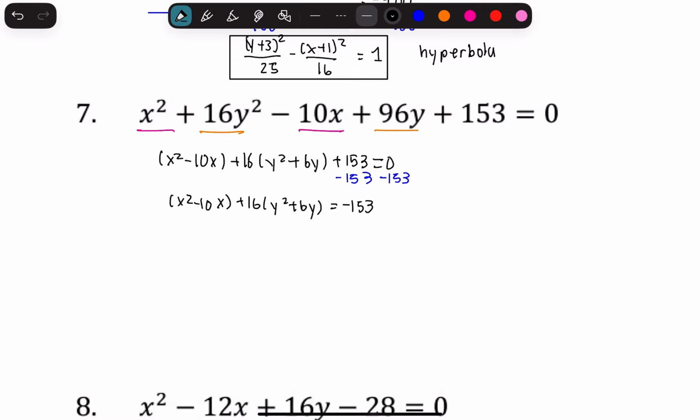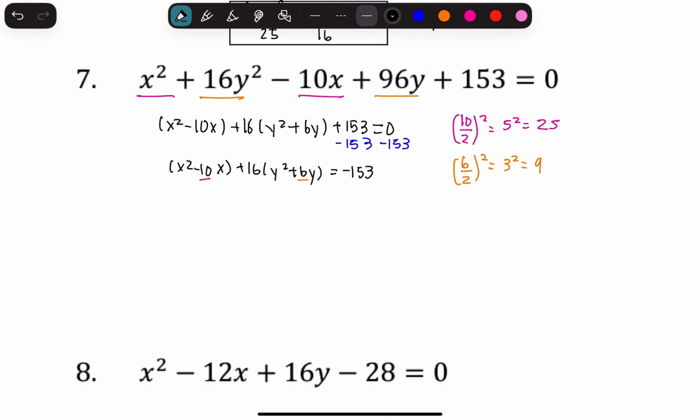Now you can complete the square. 10, that's going to be 25, and this is going to be 25. Now you can finish with this.